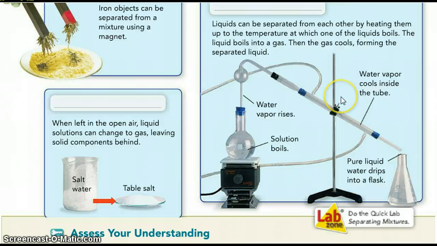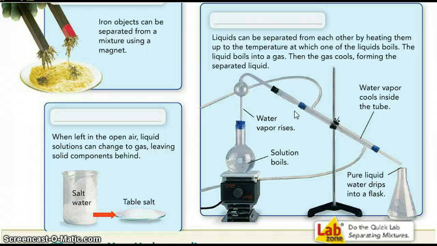This contraption here is called a distill, or a distillation. We're using heat. This solution is being heated so hot that it starts to boil. When it starts to boil, it turns the liquid into a steam or a vapor, which then rises.